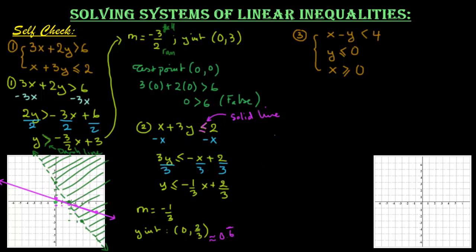Again, we have to use a test point. (0, 0) is also not on the purple line, which means I can also use (0, 0) as a test point. Then 0 plus 3 times 0 less than or equal to 2. 0 less than or equal to 2 is a true statement. It's correct, so I will shade the area containing that point. It means we shade below the line.